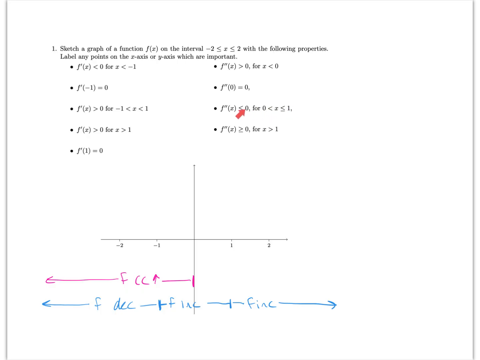So less than 0, again, is concave down. So between 0 and 1, the graph is concave down. And then f double prime is positive again for x bigger than 1. So we are concave up for the rest of the time.